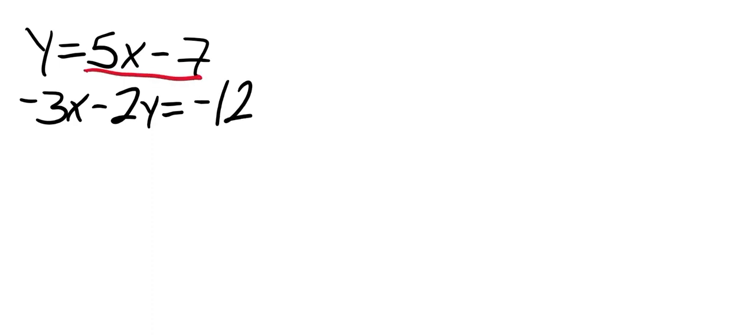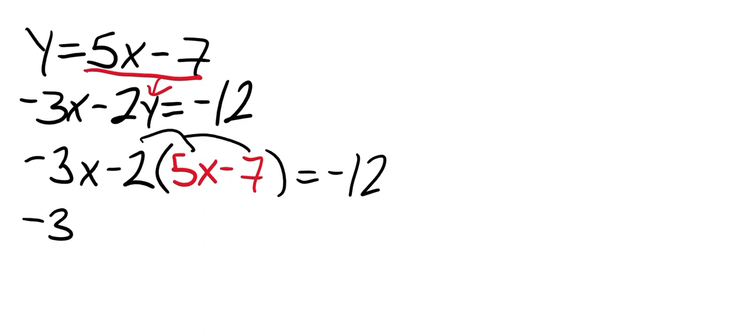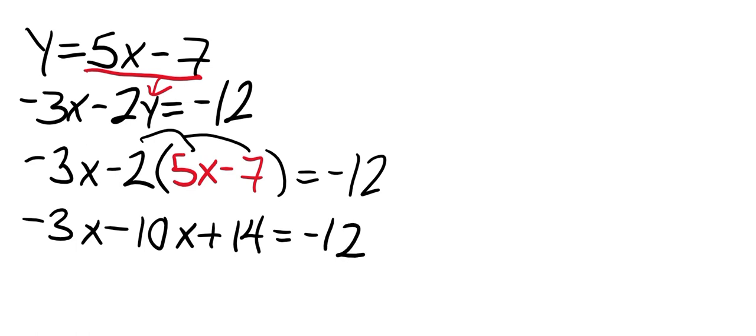We're going to plug in what y is equal to in for y in the other equation, and that's going to give us negative 3x minus 2 times 5x minus 7 is equal to negative 12. We're going to distribute the negative 2 to get negative 3x minus 10x plus 14 equals negative 12.